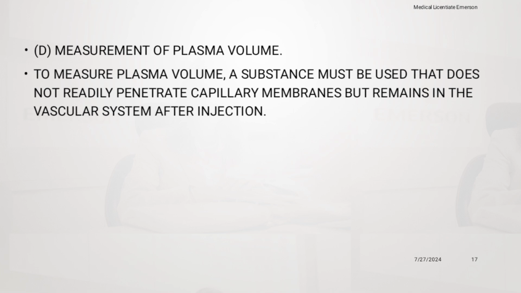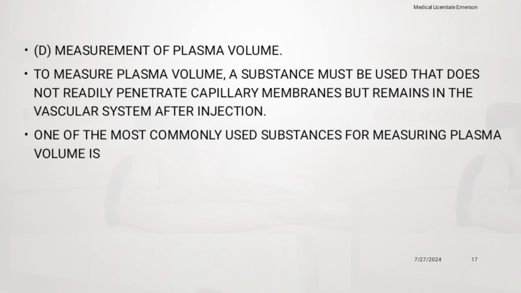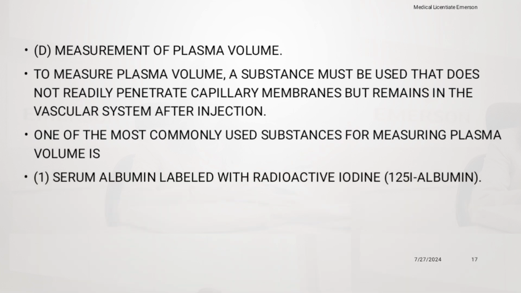Then for measurement of the plasma volume, a substance must be used that does not readily permeate capillary membranes but remains in the vascular system after injection. One of the most commonly used substances for measuring plasma volume is serum albumin labeled with radioactive iodine, 125I albumin.